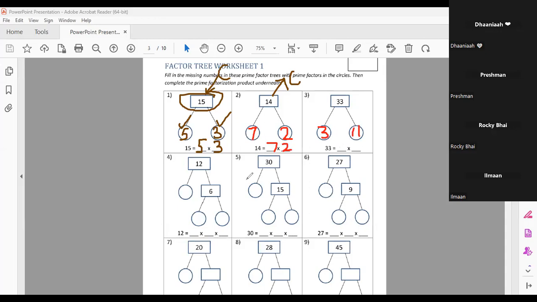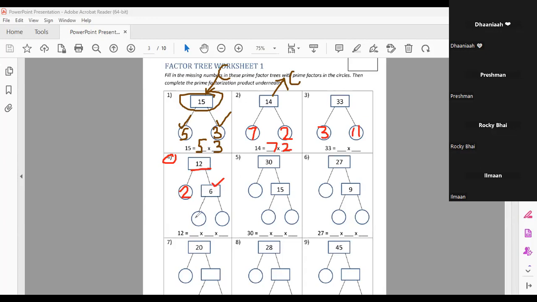Now look at number 12. Number 4. We're doing number 4 here. The number is 12 and one part is already broken to 6. So what's the other factor here? It's a 2. I'm asking the other factor here. Now you have 2 times 6, which is 12.